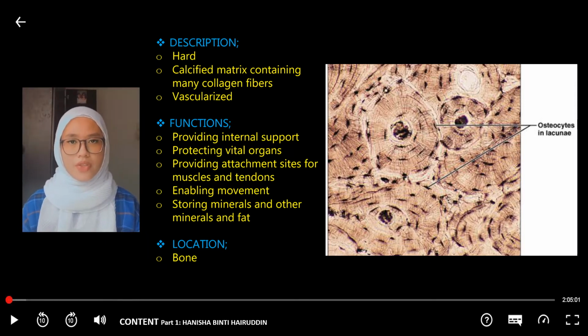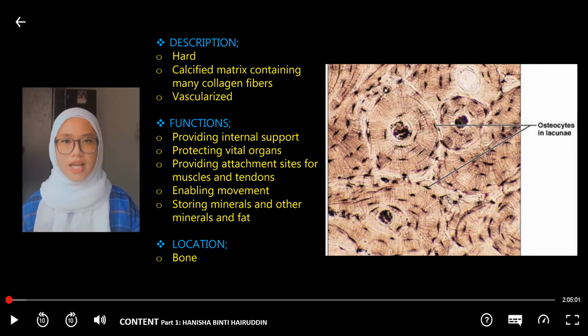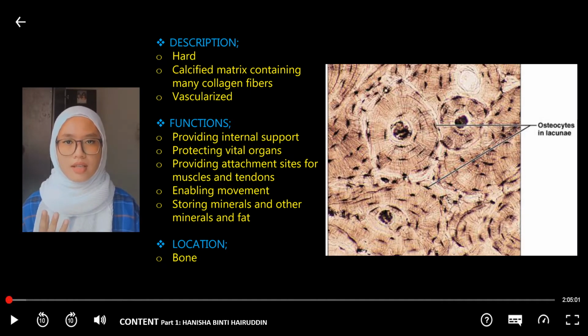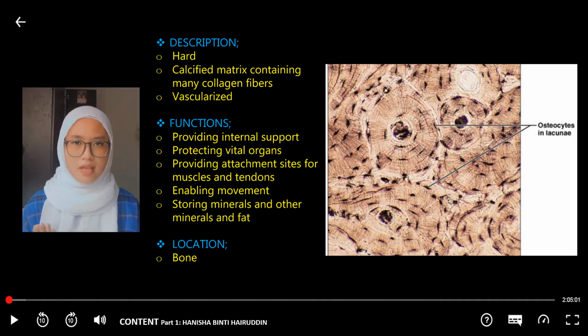The functions of the bones are to provide internal support, to protect our vital organs, to provide attachment sites for muscles and tendons for our movement, and also to store minerals. It is because the marrow inside the bones is the site of blood cell formation, or known as hematopoiesis. The location of the tissue is at the bone.